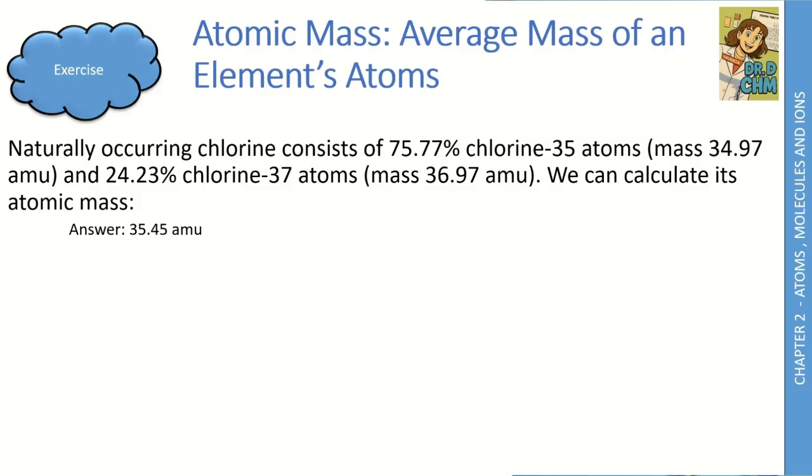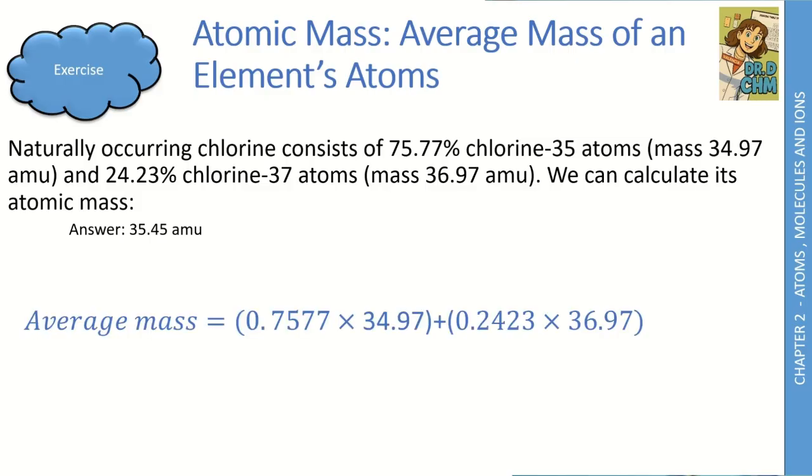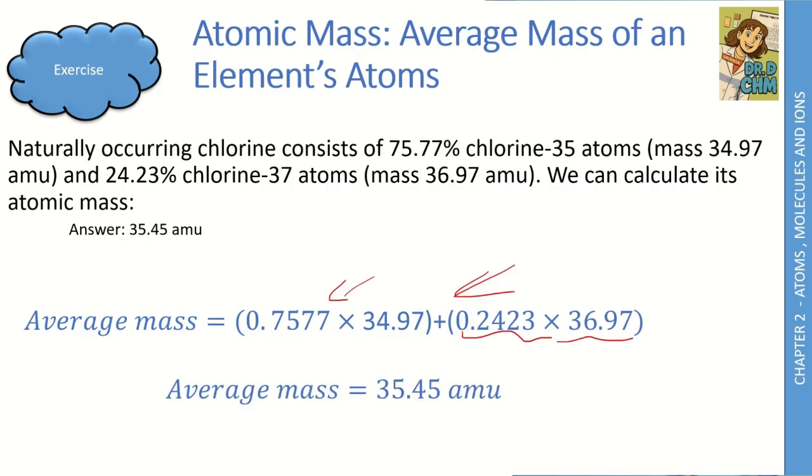So in this case, we're going to do the same thing. So we have the abundance and the atomic mass unit, and the same with chlorine 37. So we add all together and we're going to have 35.45 atomic mass unit. Don't forget the unit. Remember what I talked about the unit. It's very important. We don't accept the negative numbers over here.